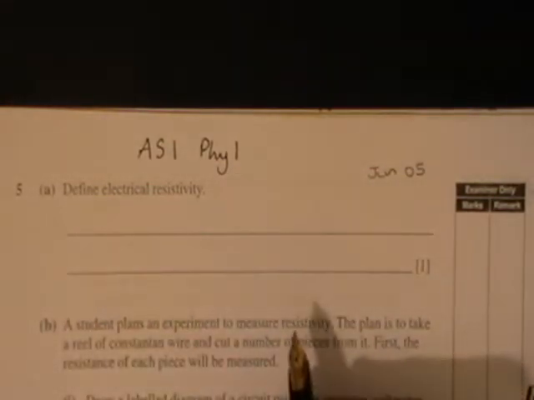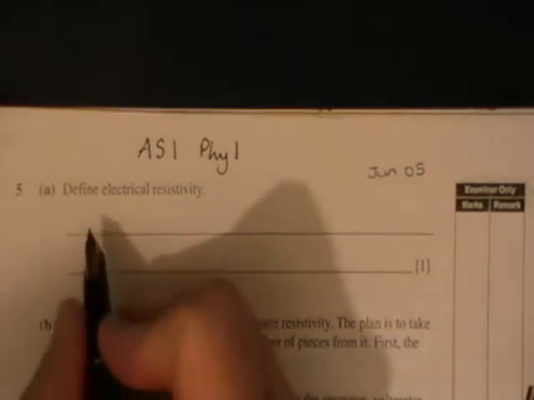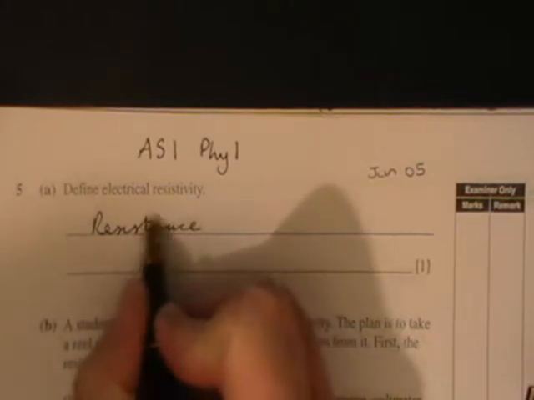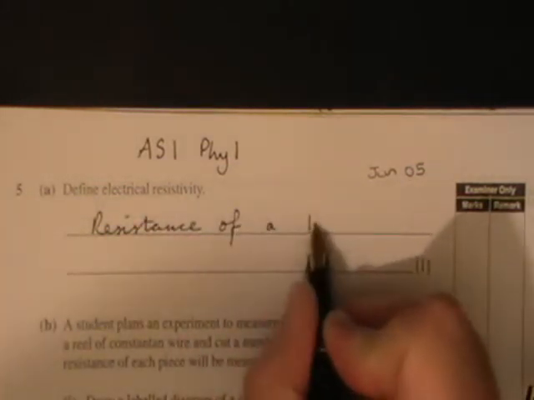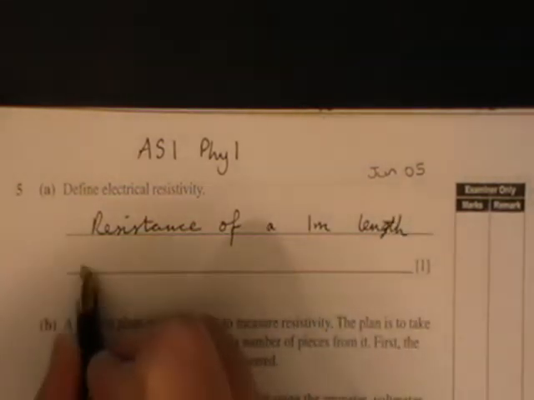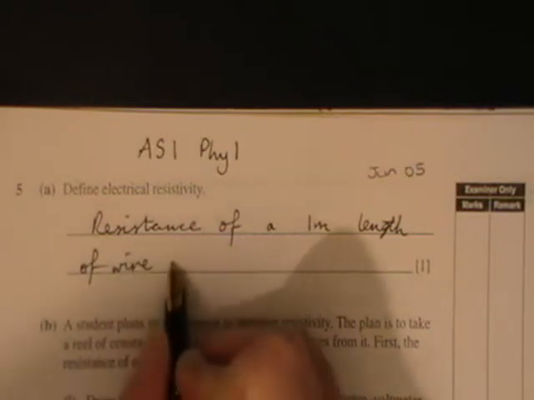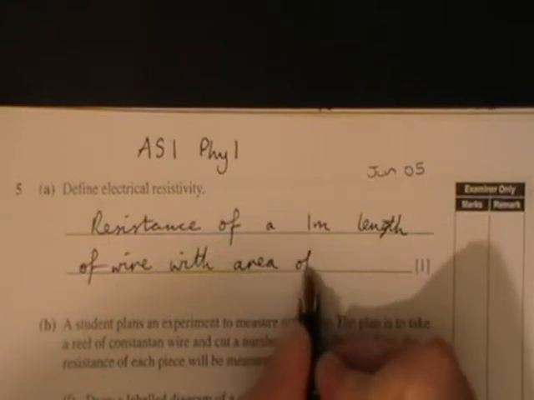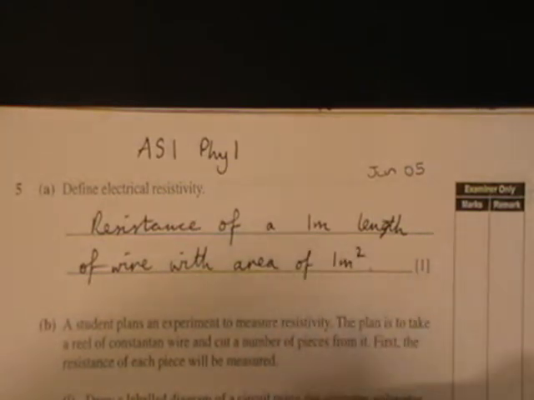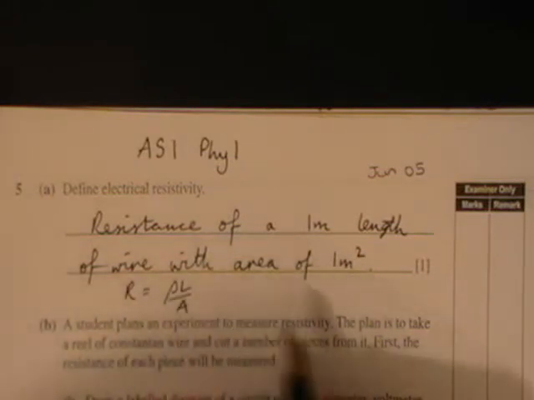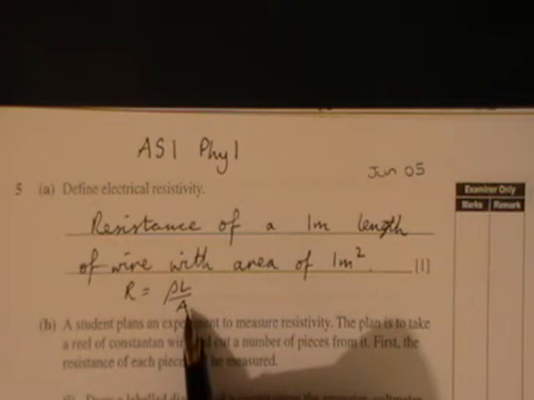First of all, we're asked to define resistivity, and resistivity is the resistance of a 1 meter length of wire with a cross-sectional area of 1 meter squared, and that comes from R equals rho L over A. So L is equal to 1, A is equal to 1, and the resistance will be equal to the resistivity.